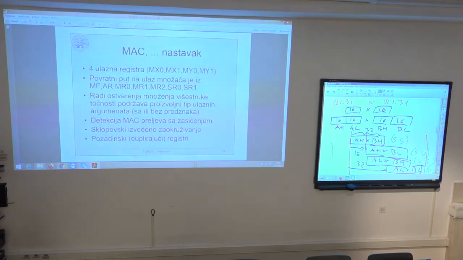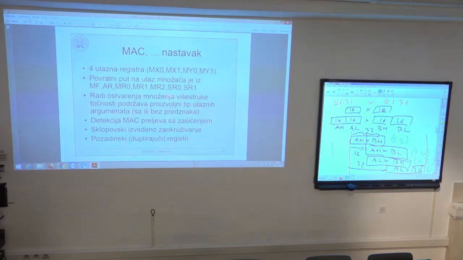It has 4 input registers, MX0, MX1, MY0, MY1, and it has this feedback for the right side argument, the MF register, while for the left side argument I can use any of the result registers as a left side argument for multiplication.